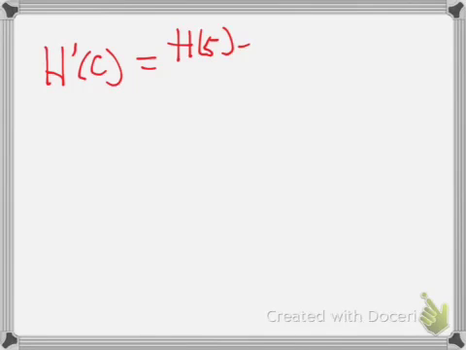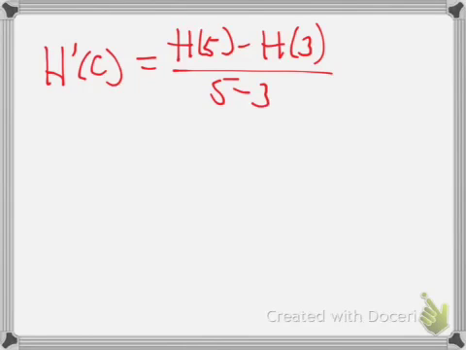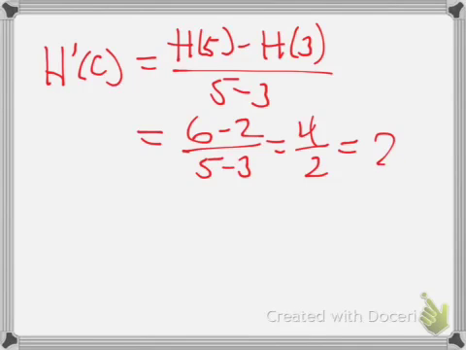So h prime of c is going to be equal to h of 5 minus h of 3 over 5 minus 3. That's 6 minus 2 over 5 minus 3, which is 4 over 2, which is 2. So we have it. And notice the interval 3 to 5 is inside the interval from 2 to 10. The first attempt didn't work, but we found another interval on which this did.